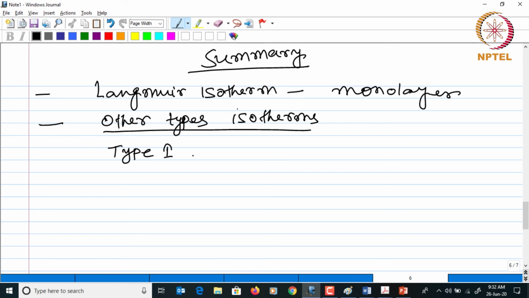These are type 1, in which you have two types, 1 and 1A. Type 1 is basically the Langmuir isotherm and corresponds to materials having pores with small width in the range of about 1 nanometer.